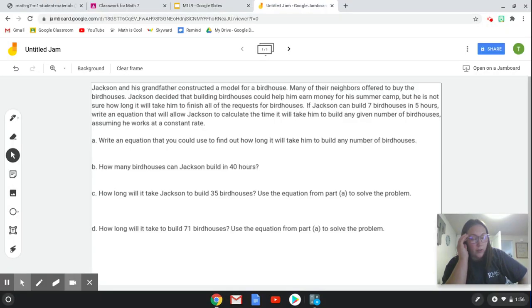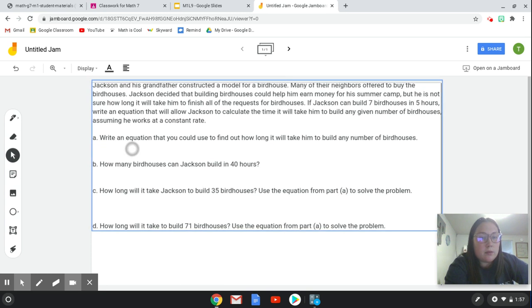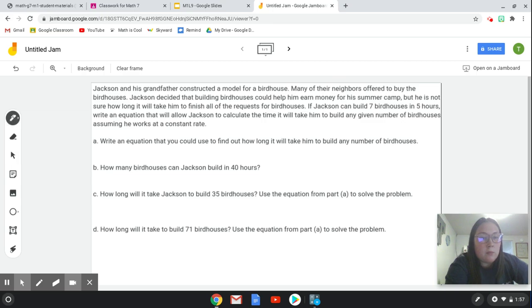First, we're going to decide what variables we want to use. I'm going to say B equals birdhouses, and H will represent the hours that he worked.